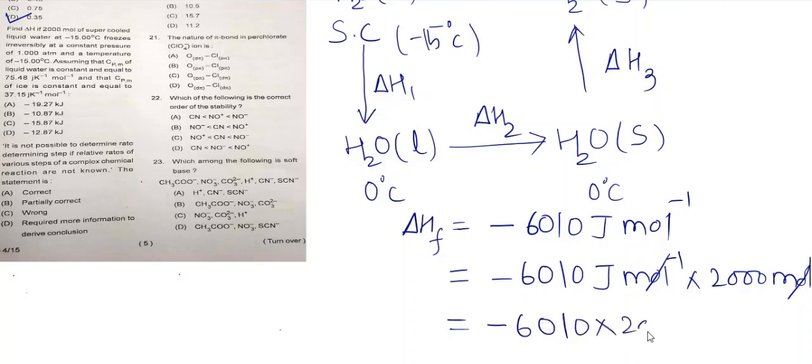Remember the del H, or let it be del H2. So we will get the value of del H2. Then we have to find out the values for del H1 and del H3. Then we will add all these three values. Then we convert to kilojoule form. Then we will get the answer.